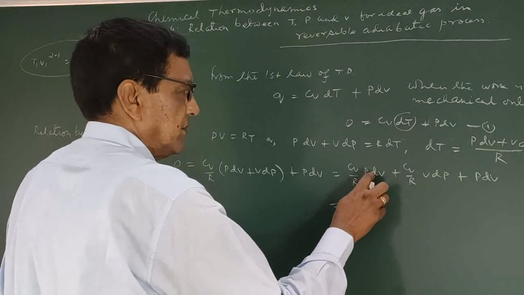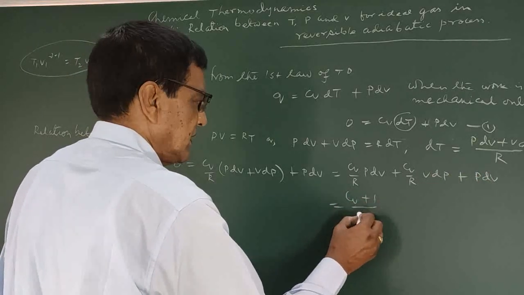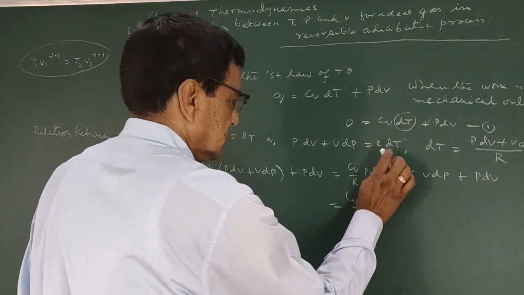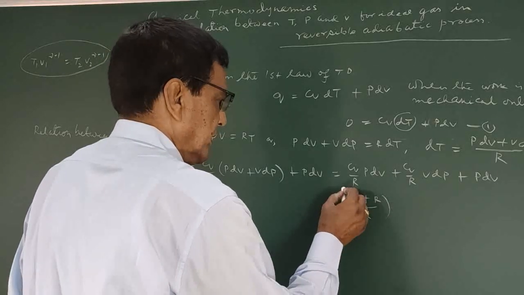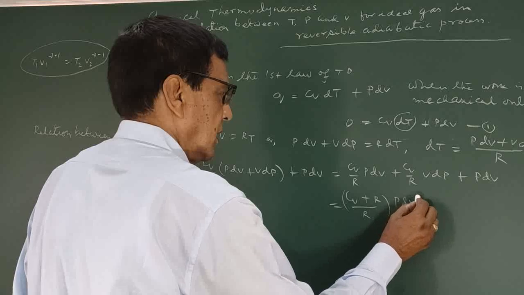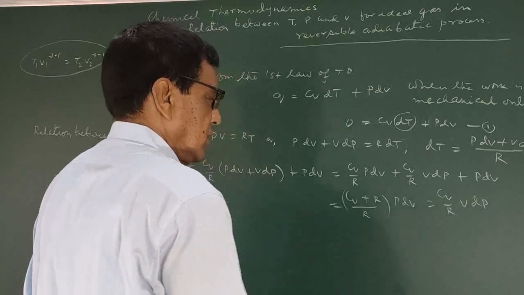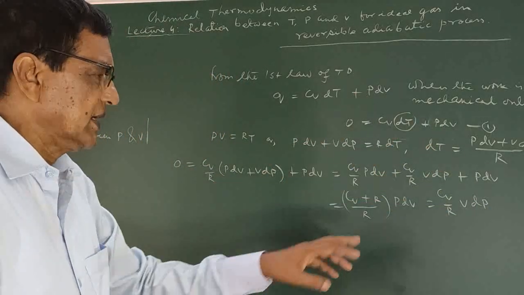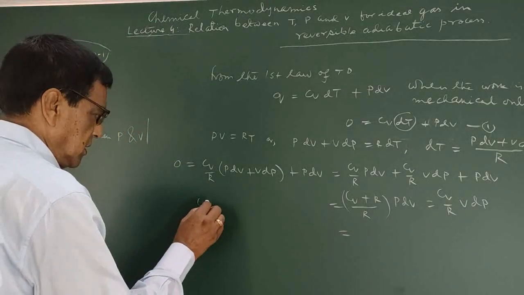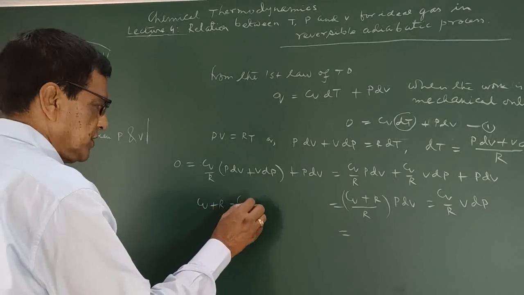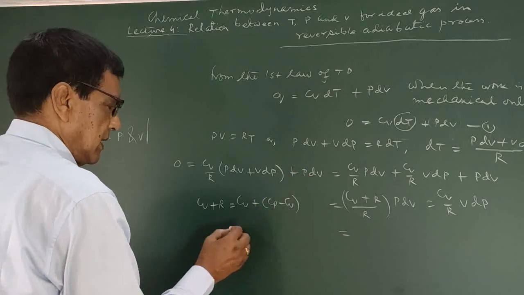Or again, taking PdV common, (CV plus R) divided by R, PdV equal to minus CV by R VdP. So R can be cancelled, and CV plus R equal to CP for this ideal gas.